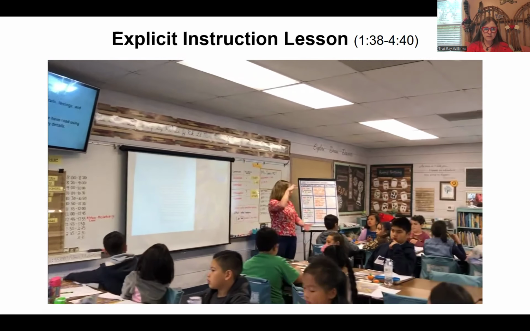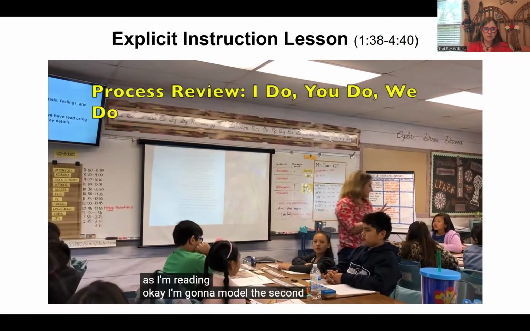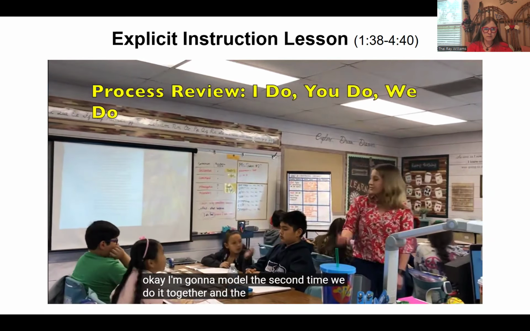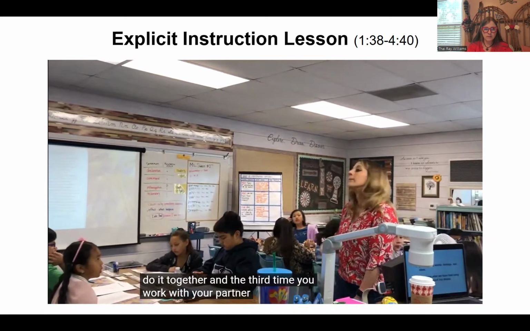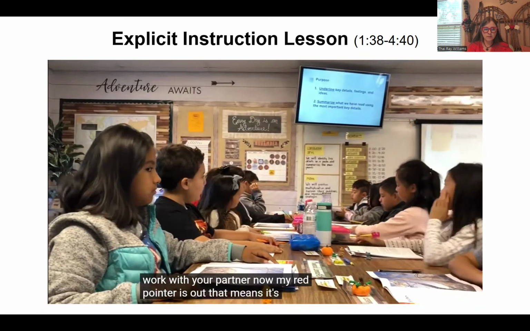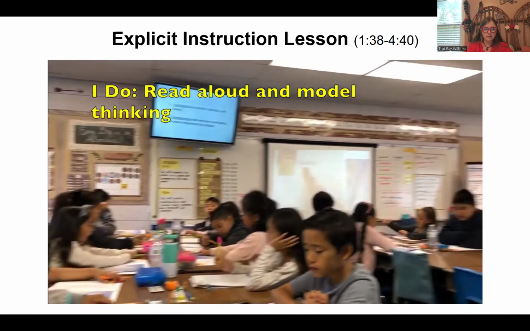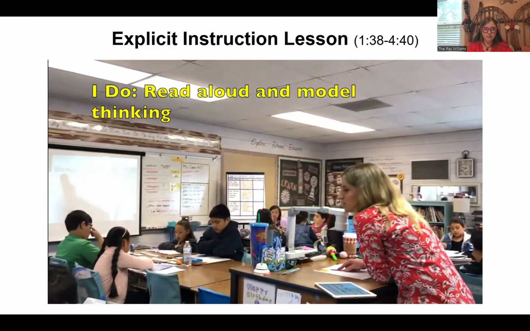What is this all about? Danny, as I'm reading, I'm going to model. The second time we do it together, and the third time you work with your partner or your table group. Now my red pointer is out. That means it's my turn to read. Can you follow along?